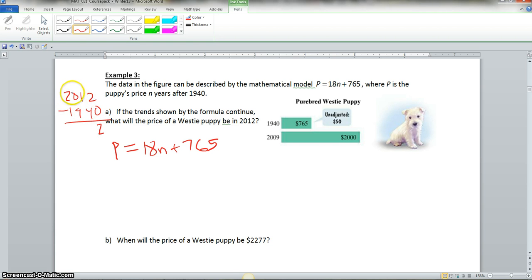We cannot borrow 1 from 0, so we'll borrow 1 from this 2. This 0 will become 10. We'll borrow 1 from that, and that will give us 9. And this 1 here will become 11. 11 minus 4 is 7. 9 minus 9 is 0, and 1 minus 1 is 0. So it's 72 years since 1940.